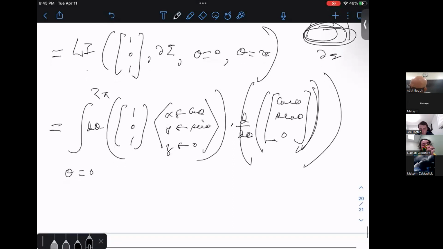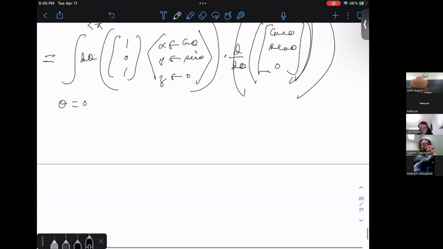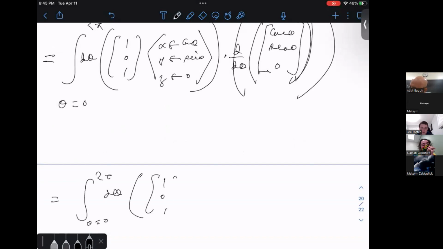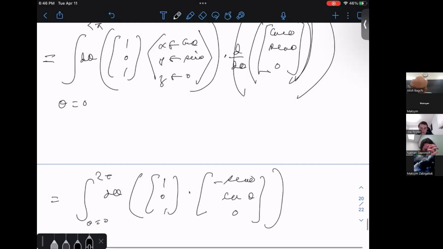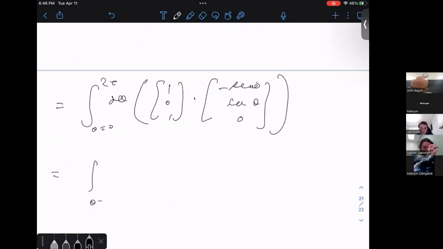So this is equal to the integral d theta, theta from 0 to 2 pi, of 101 dot minus sine theta, cosine theta, 0. So this is equal to d theta of minus sine theta plus 0 plus 0.